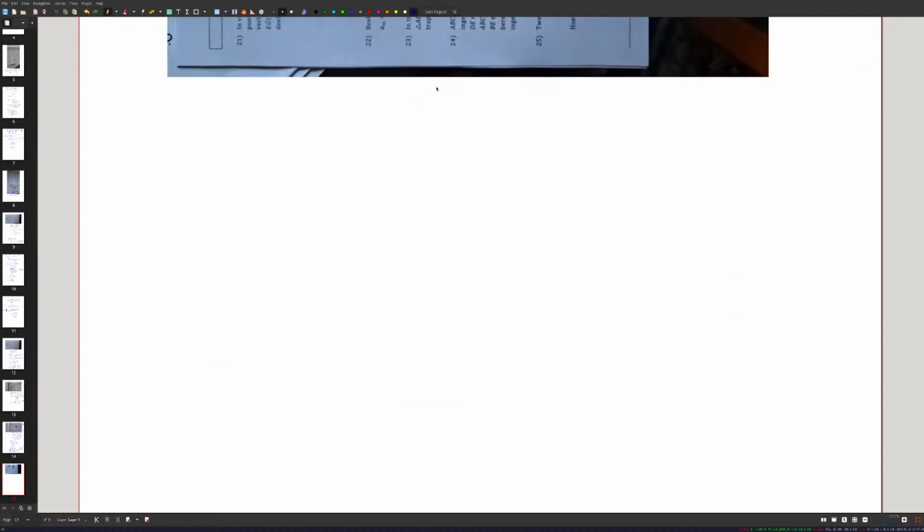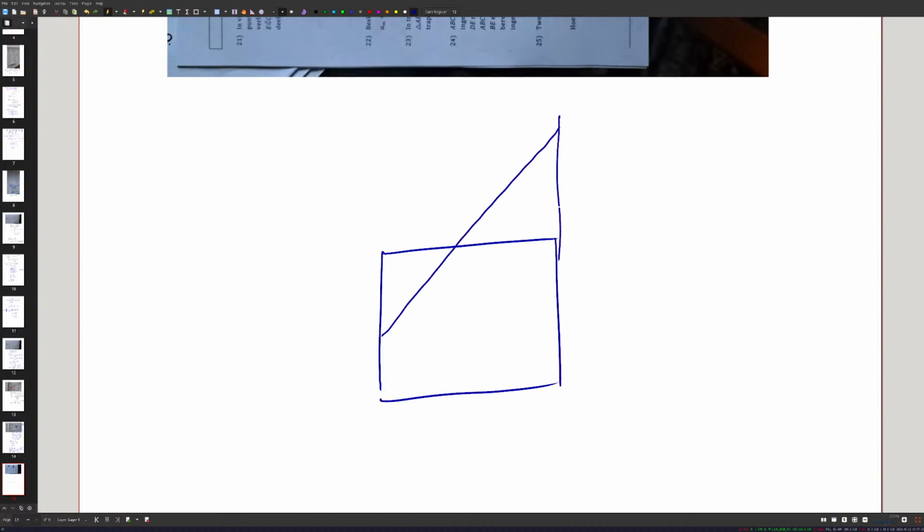Okay, let's redraw this. We've got that angle equals that angle, we've got 3 and 3. We've got right angles everywhere. This side is a 6, this is a 6, this is a 6.